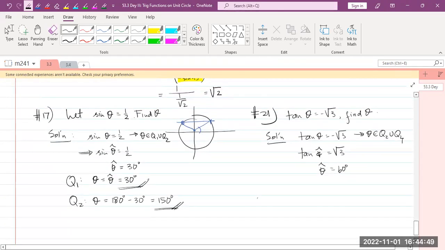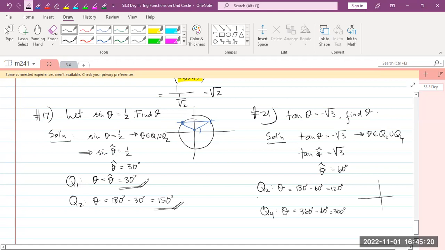Okay, now think about the angle in quadrant 2. What is the theta such that the reference angle is 60 degrees? That's 180 degrees minus 60 degrees. That's 120 degrees. In quadrant 4, the angle that has reference angle 60 degrees is 360 degrees minus 60. It's 300 degrees. Okay, try to picture it.